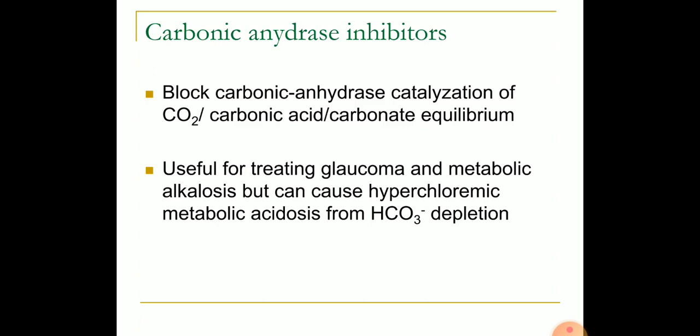To alkalinize the urine, you can prescribe this. In petit mal epilepsy, that means the one which is not having the tonic-clonic seizure, you can prescribe this drug, but the problem is tolerance may develop.